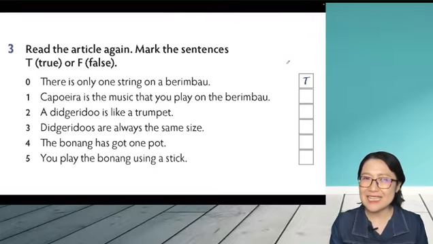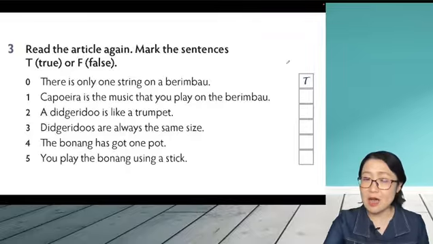And now let's take a look at exercise 3. So we can find out, mark the sentence, true or false. So number 1, capoeira is the music that you play on berimbau. 有的同学呢会在这里选择 true, but it's not. 但是实际上不是。Capoeira is a kind of dance, right?